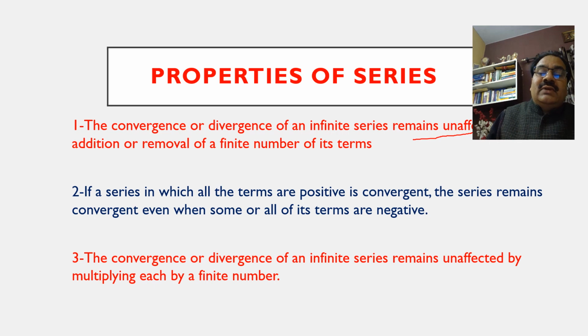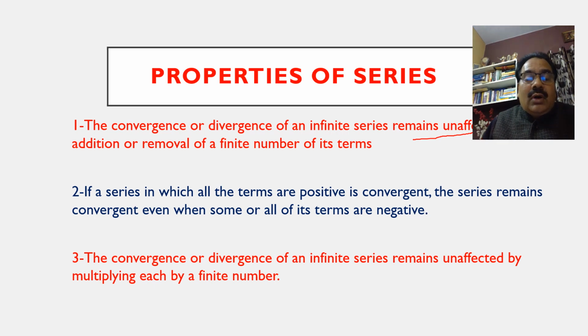So if the series is already an infinite series, it will remain infinite if you add or delete a few terms; the series is unaffected. Second, if a series in which all the terms are positive is convergent, the series remains convergent even when some or all of its terms are negative.